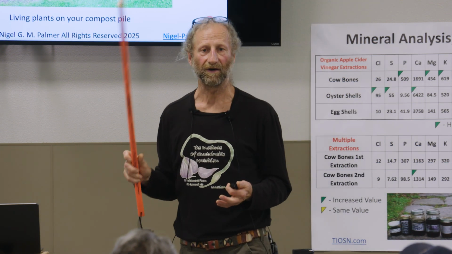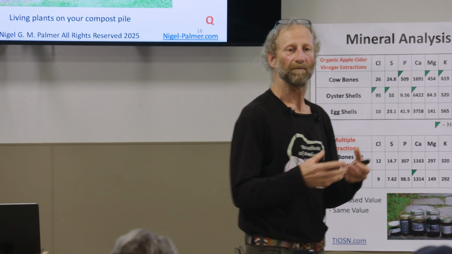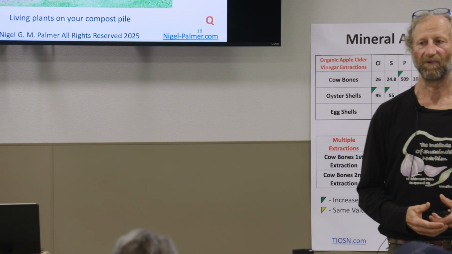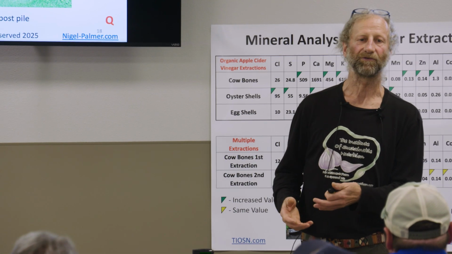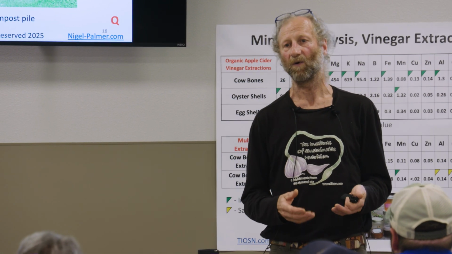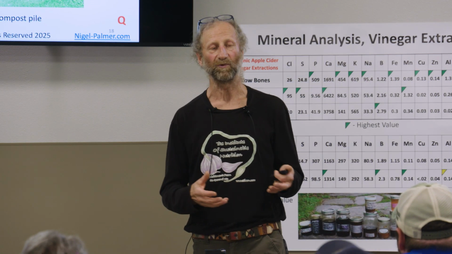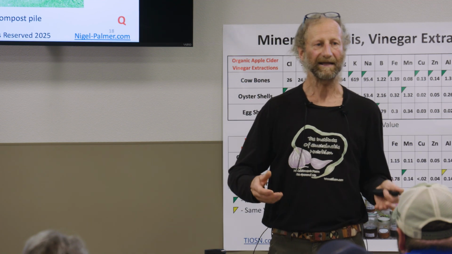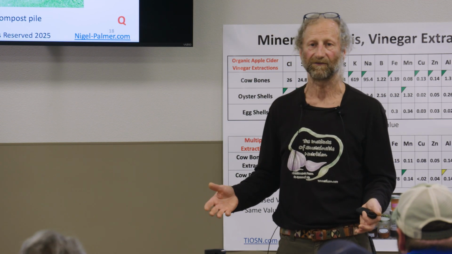That's important because one of the attributes of a compost pile is the diverse biology within that compost pile. And one of the major forms of biological activity I want is the mycorrhizal fungi that have relationship with plants. Well, I can't get mycorrhizal fungi in a pile without the plants.